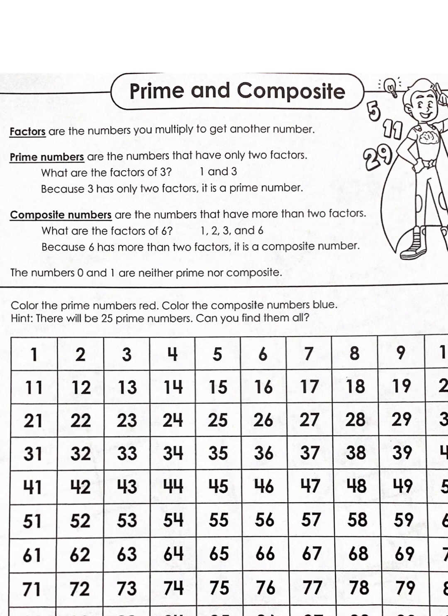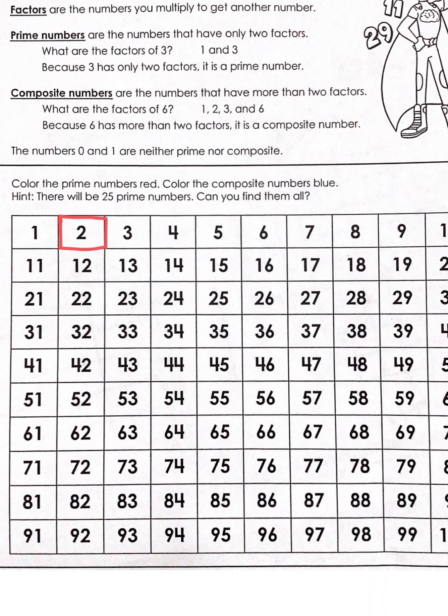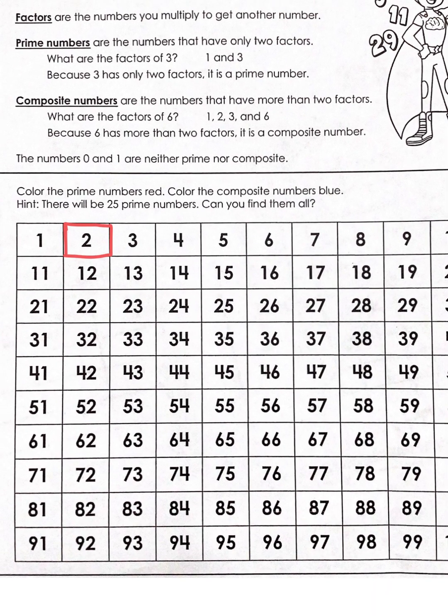Okay, starting with, is 3 the first prime number that we have? No. What is? 2. 2 is my first prime number. It's even. I thought all evens were composite. But it's the first one. To make 2, 1 and 2 are the only factors that make 2.